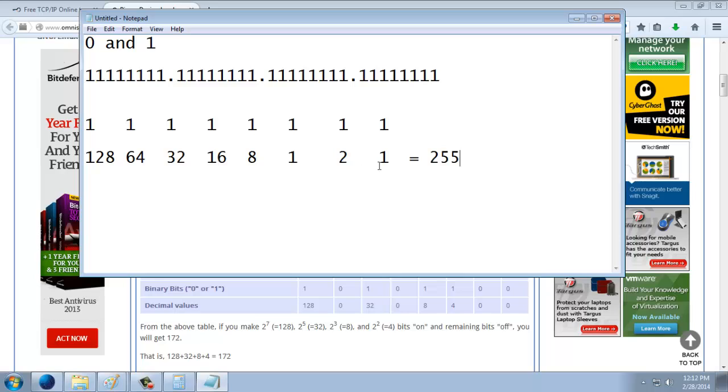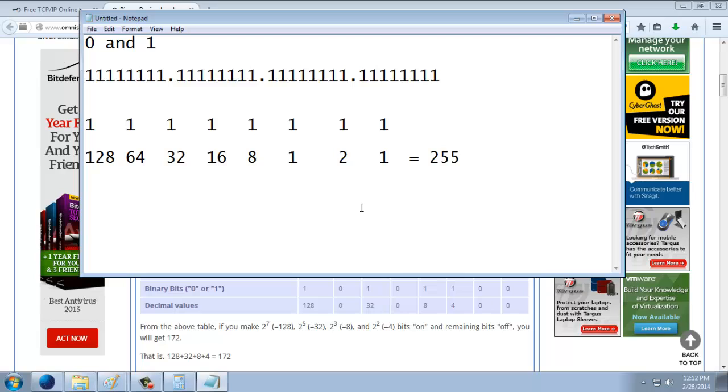So the maximum possible value, with all the bits kept on, for an 8-bit number is 255. The maximum possible decimal value which you can make from an 8-bit binary number is 255. So there is an equation to find that out.